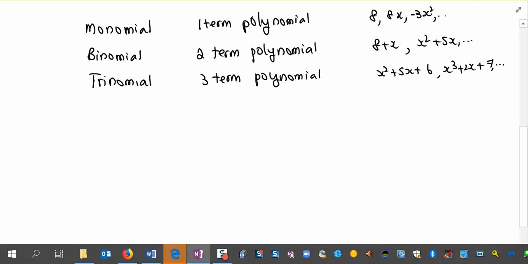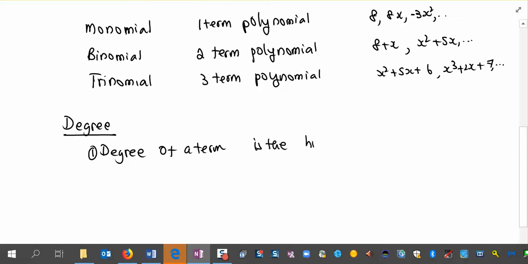Next, there is this thing called degree. So there's two kinds of degrees. There's the degree of a term. And this is the exponent.